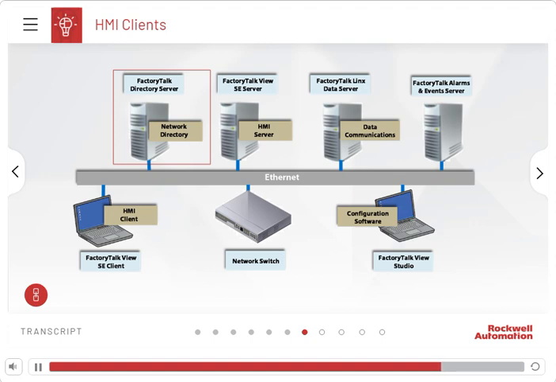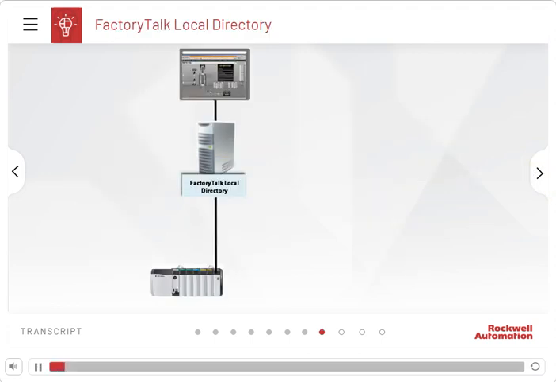The FactoryTalk Services platform can install and configure two completely separate and independent directories, local and network. In the FactoryTalk Local Directory, FactoryTalk View SE software components are installed on one computer.